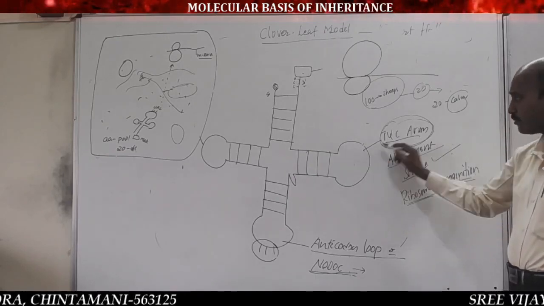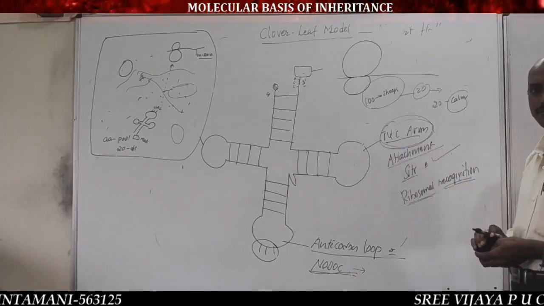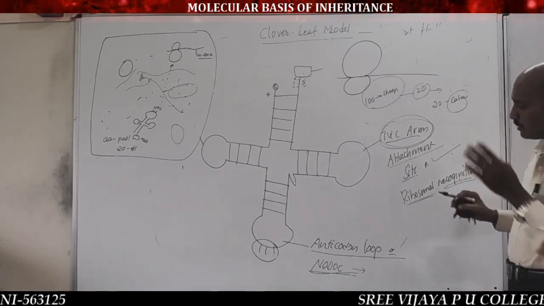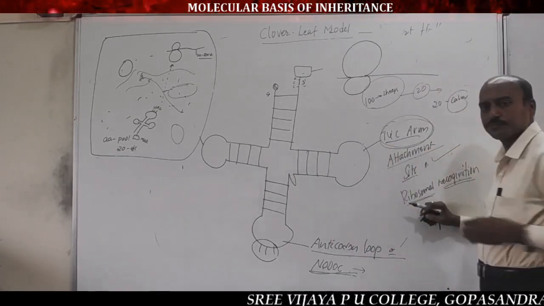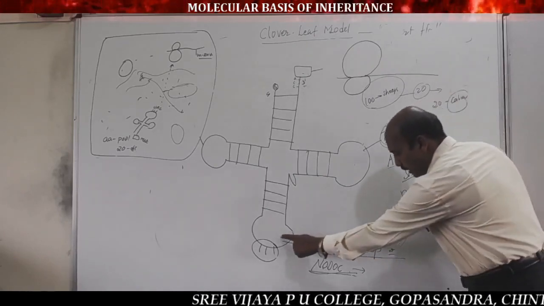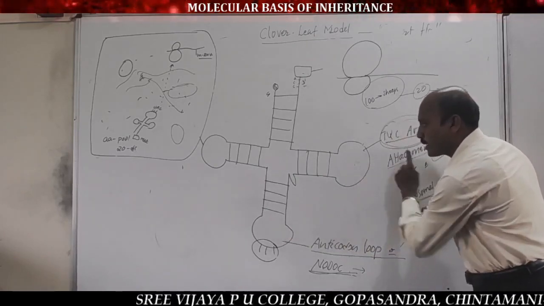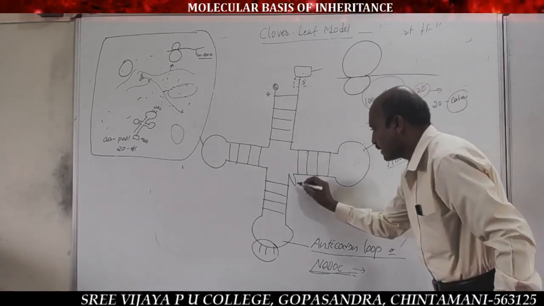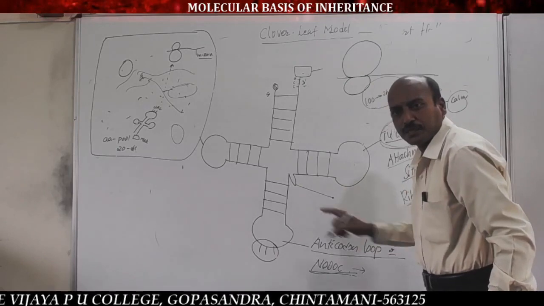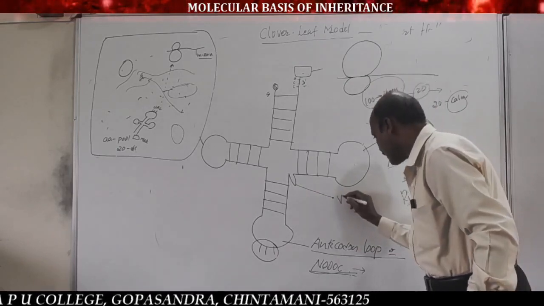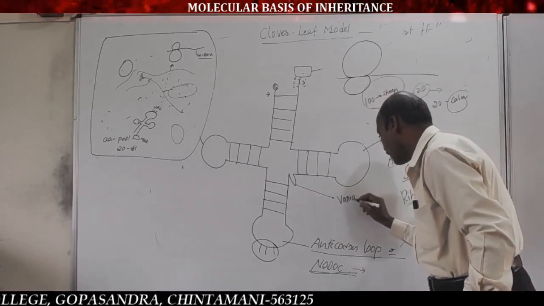That is the function of the T-psi loop. Important. Listen here. In between the anticodon loop and the T-psi loop is the variable region, the extra loop. This is called the variable loop.